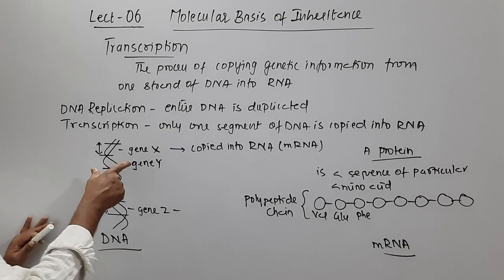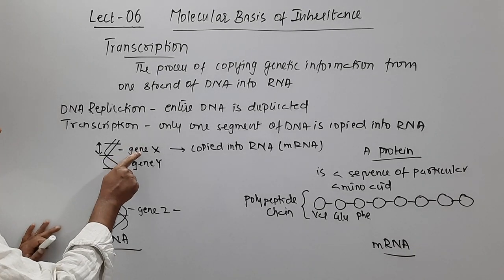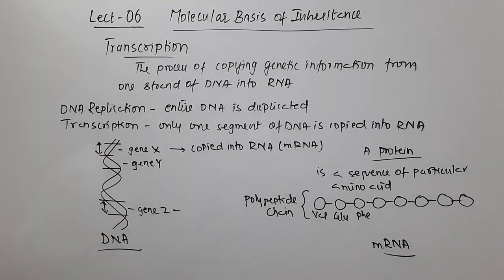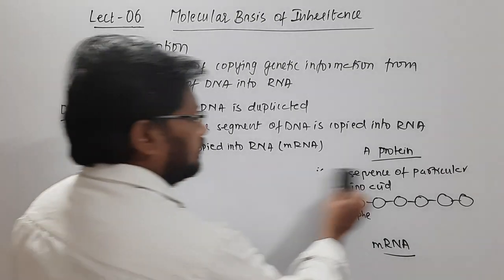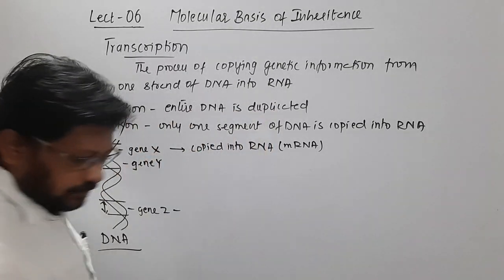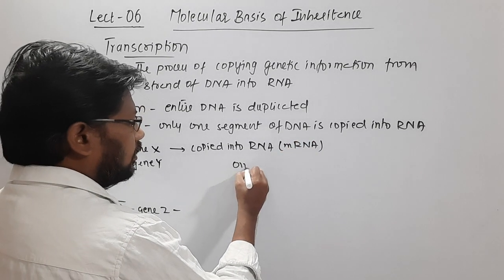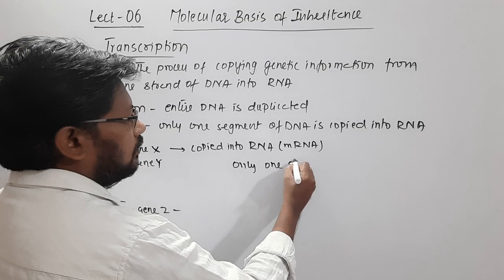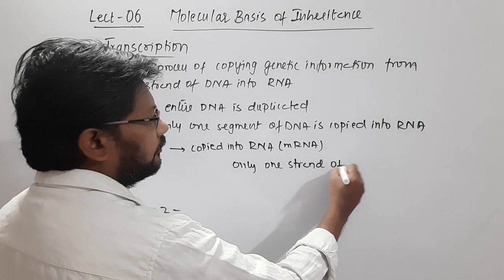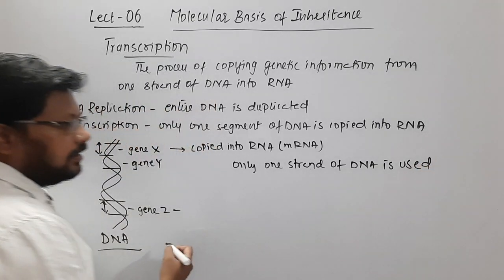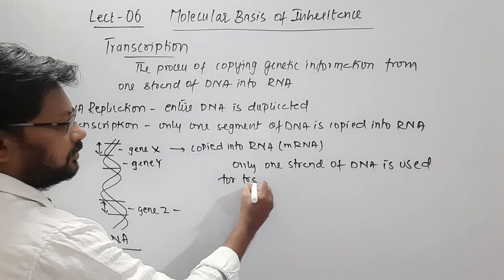And while copying, say this gene X into RNA, only one of the strands is used to copy, right? So while copying, only one strand of DNA is used for transcription.